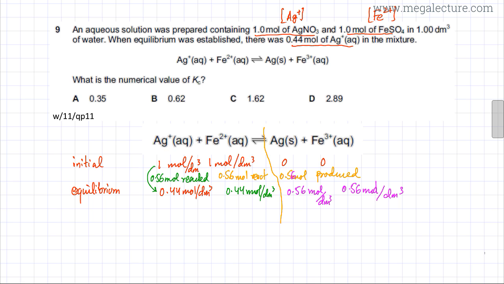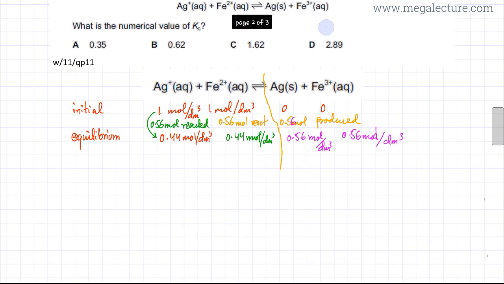And I'm going to write down an expression now for finding Kc. Kc is the concentration of products to reactants. One thing that you need to remember is that solids have a concentration of 1. So silver solid is not going to be written in the expression, or if you want to write it, then 1 would be written instead.